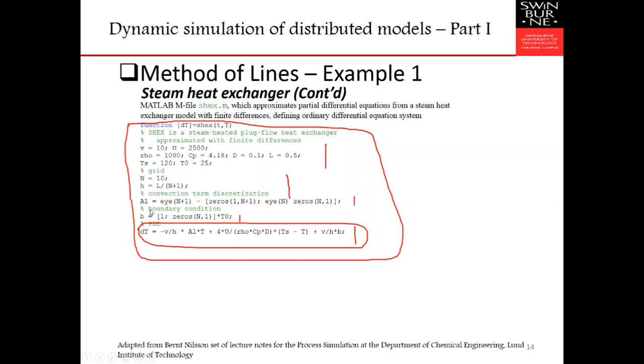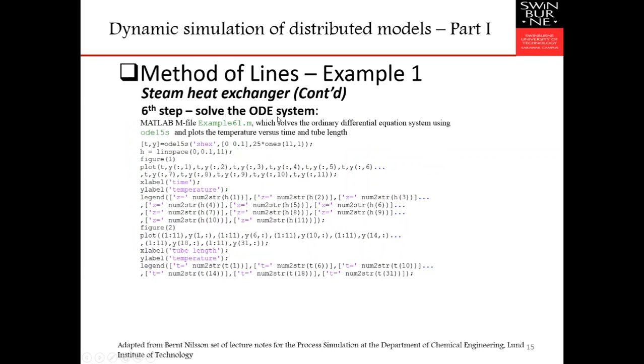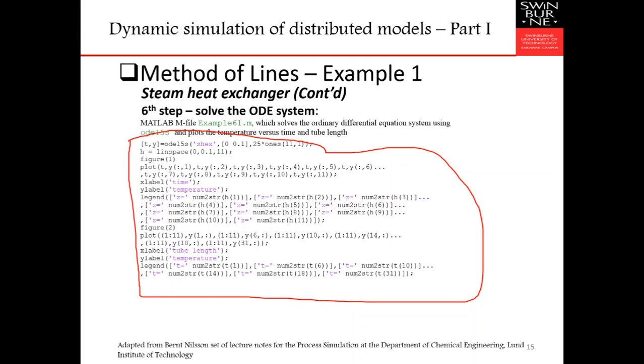after we define these ordinary differential equations, we need to create another MATLAB file called example 6.1, where we solve using ODE15S. We call ODE15S and pass in the function, and we want to solve from 0 until 0.1.